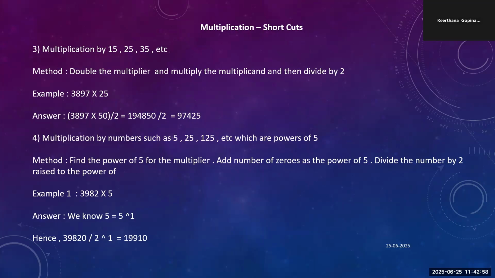Now, this is another shortcut in multiplication. If you have to multiply 3897 into 25, what happens?